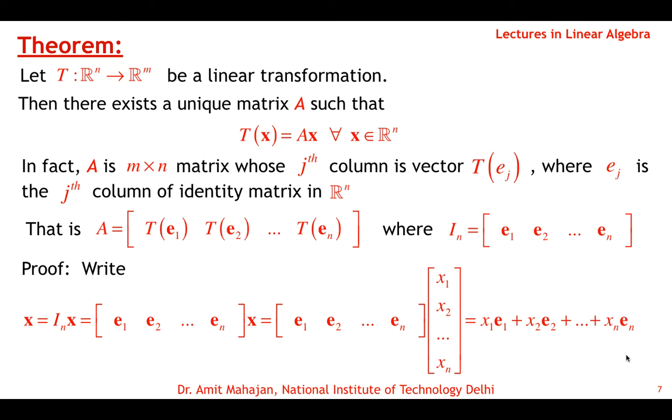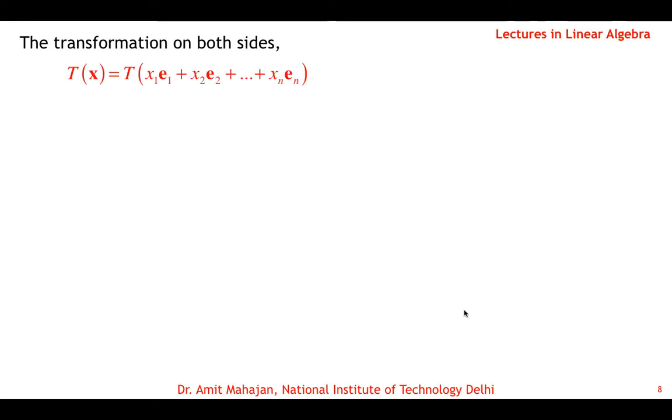Now if we take the transformation on the vector x, which is a vector in the domain, then we can calculate T of x, and it will be the same as the transformation of the right hand side. So T of x is the transformation on the linear combination, and because T is a linear transformation, the transformation of a linear combination is the same as the linear combination of individual transforms.